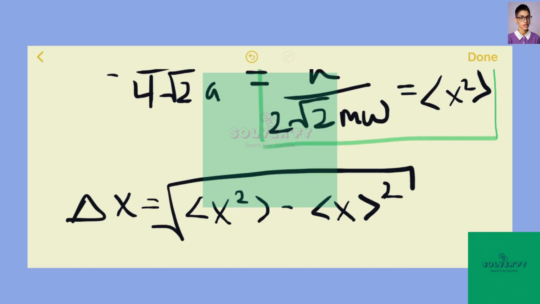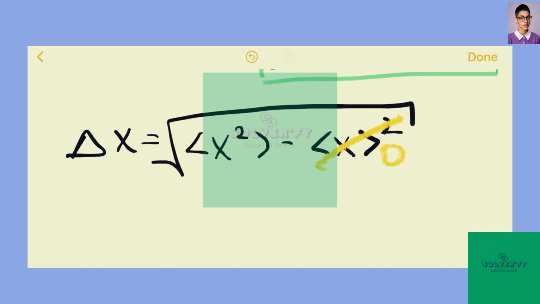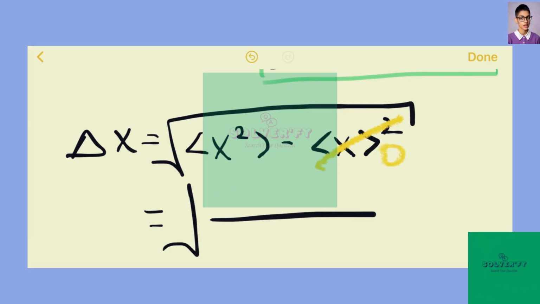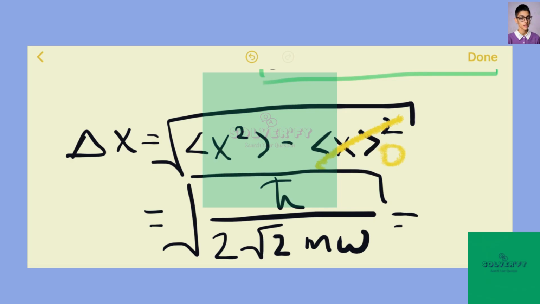So remember that this was 0, so this is equal to the square root of h bar over 2 root 2 m omega. Let's make this a little neater. The square root of h bar over 2 root 2 m omega is delta x.